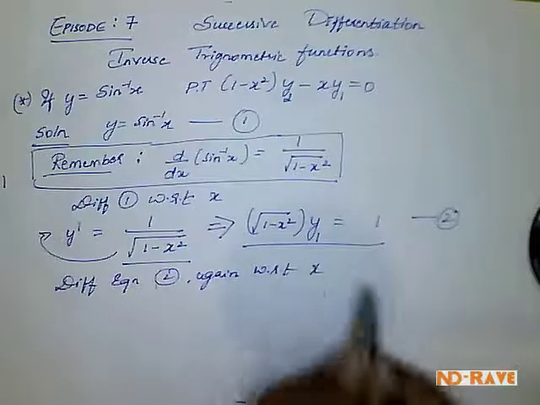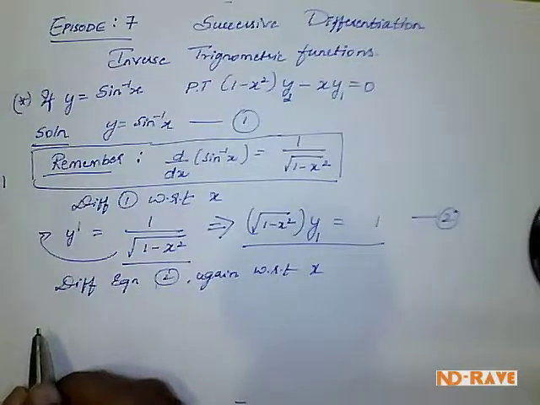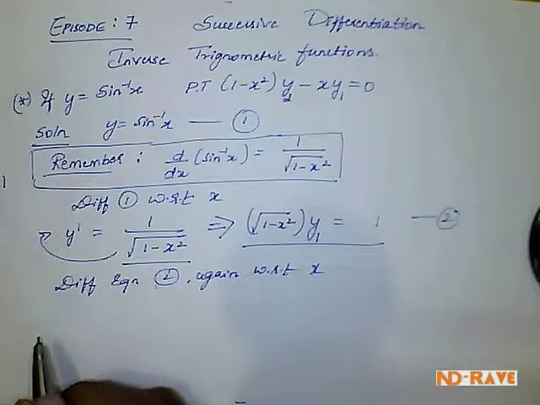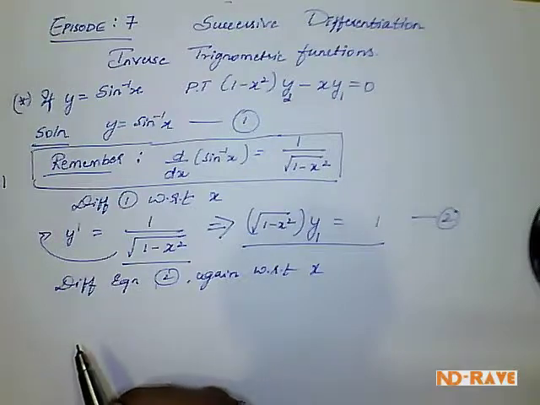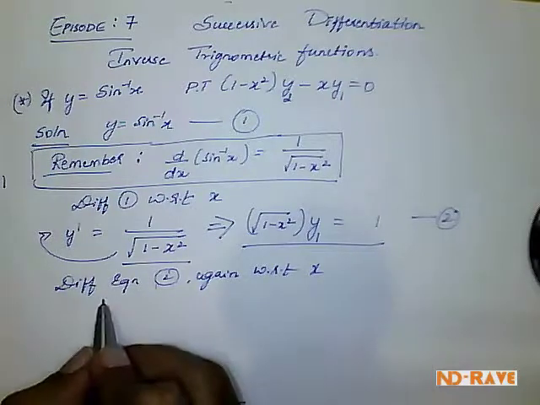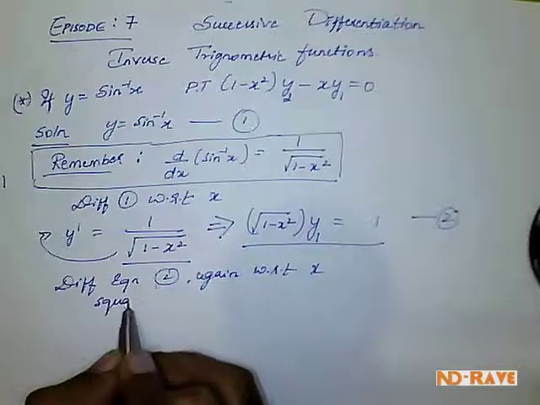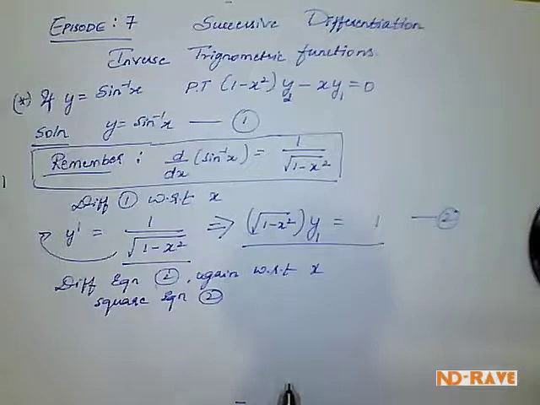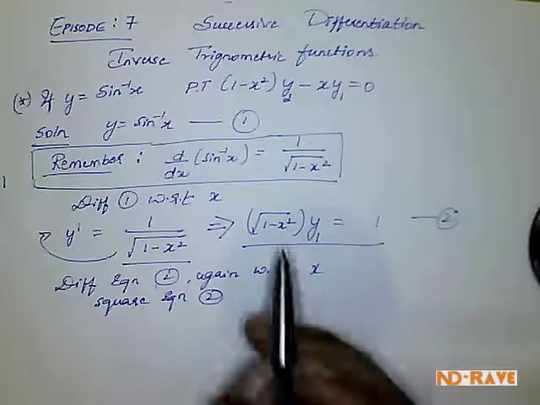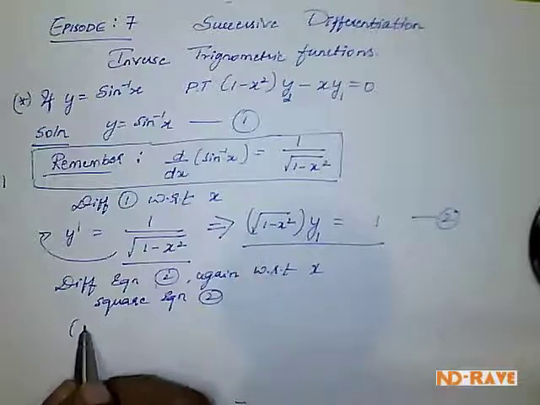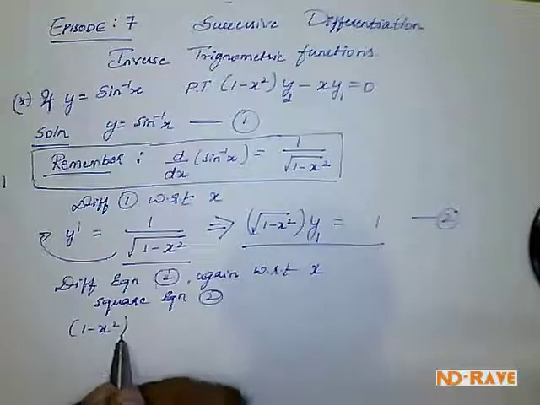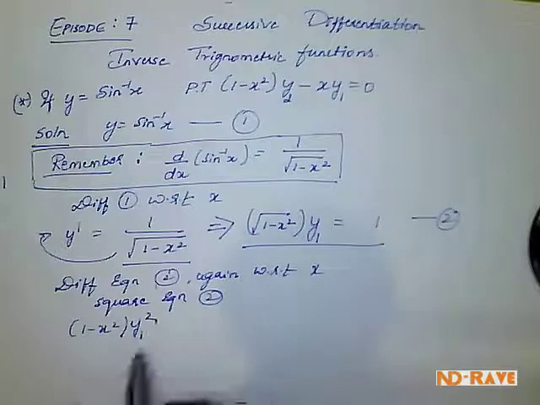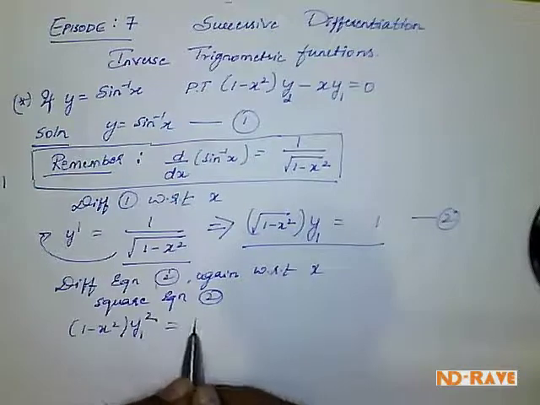Before that there's a slight modification that has to be done. You have to just square equation 2. What is necessary to square is that you can get rid of this root over here. So if you square, you get (1 minus x squared) y1 squared. So y1 is the first differential, I repeat again, so 1 squared is nothing but 1.